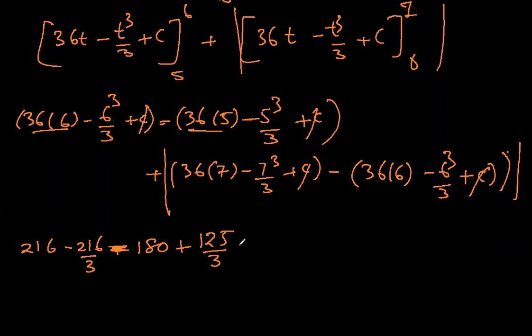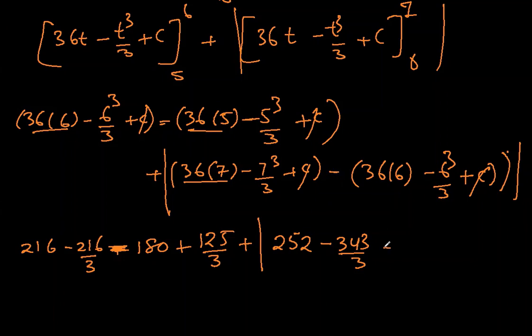Now the absolute sign still stays. 36 times 7, minus 7 cube is 343 over 3.